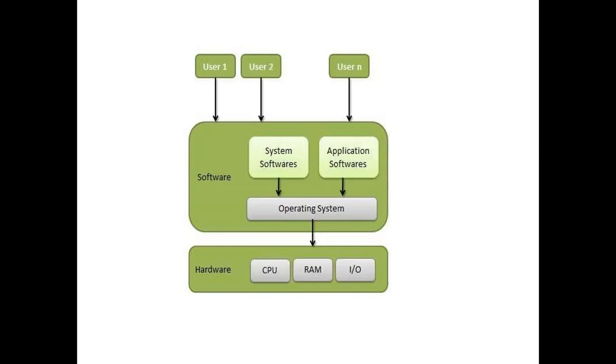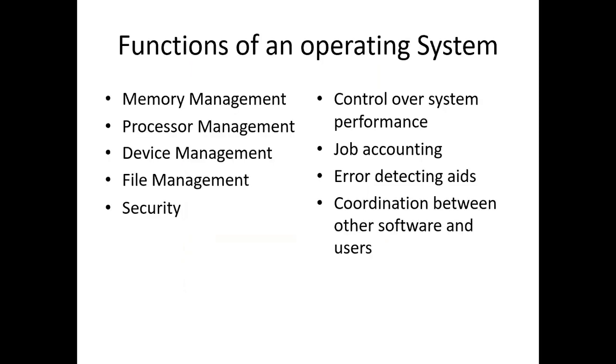Talking of the importance of an operating system, now let's look at its functions. We have memory management, which does the addressing and allocates processes to the location of memory they need to go to.